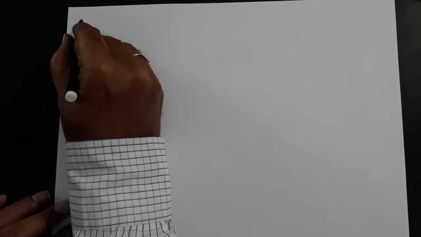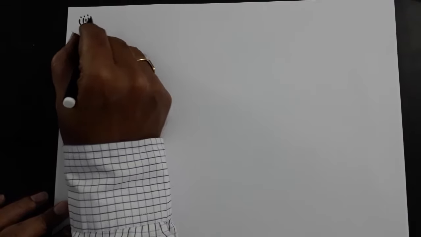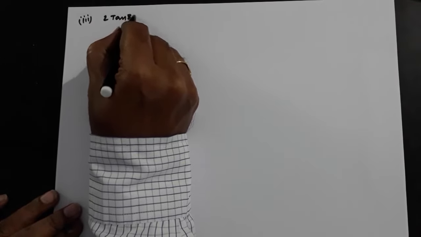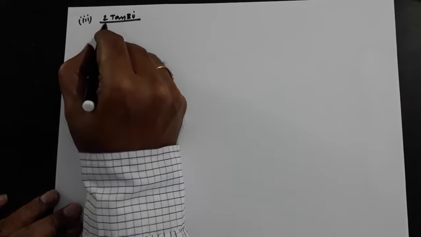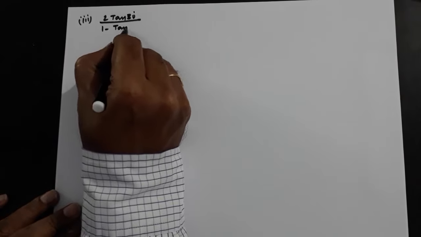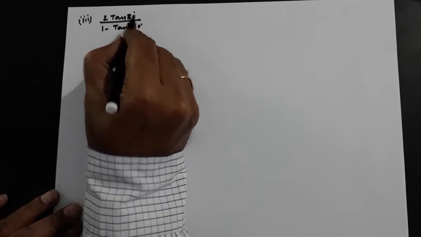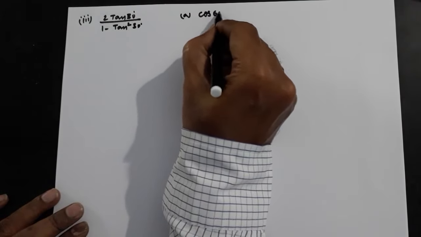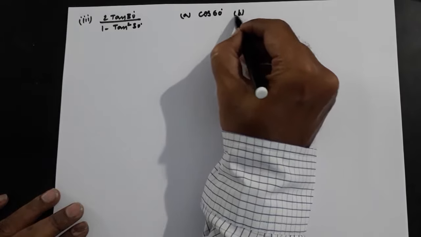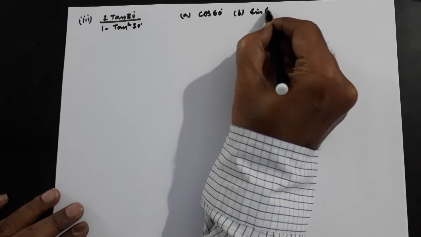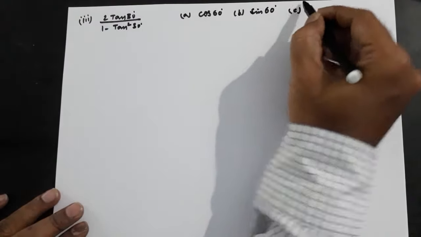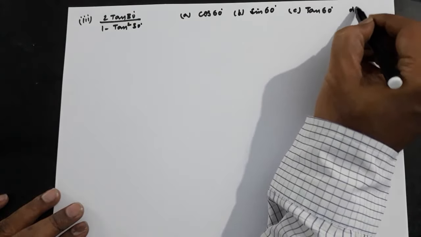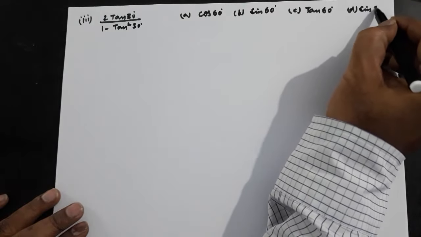Okay. So we'll come to the third one. What is the third one? 2 tan 30 degrees divided by 1 minus tan square 30 degrees. So the options given are A cos 60 degrees, B sin 60 degrees, C tan 60 and D sin 30.